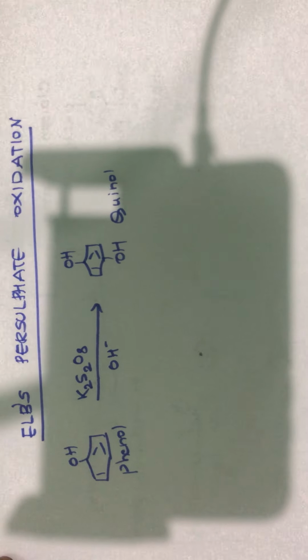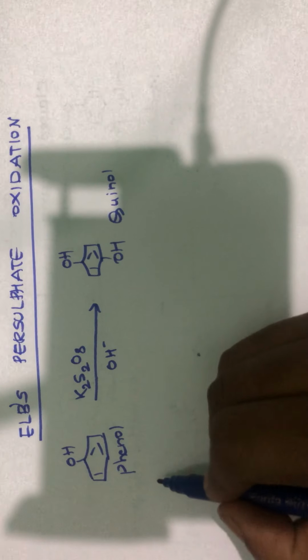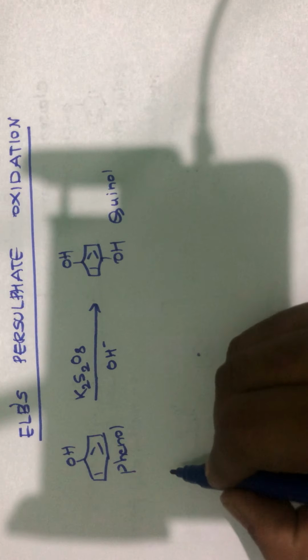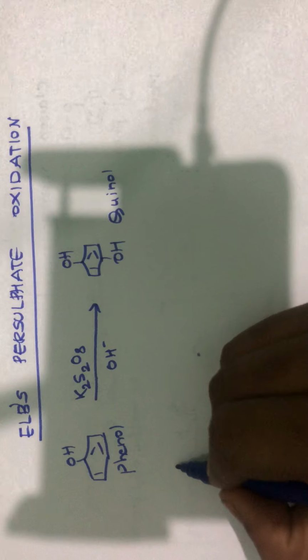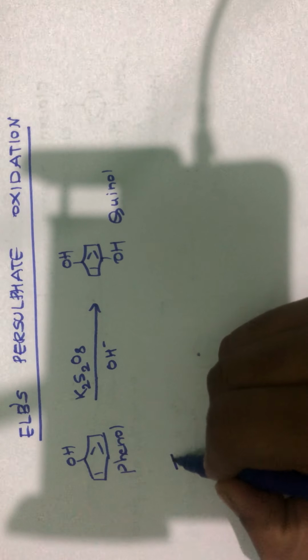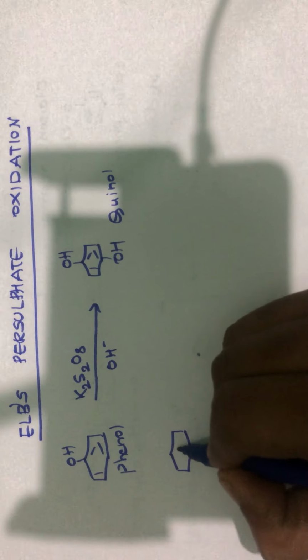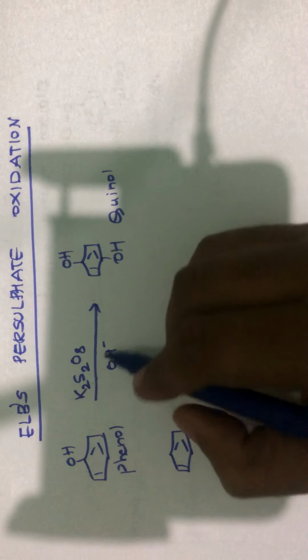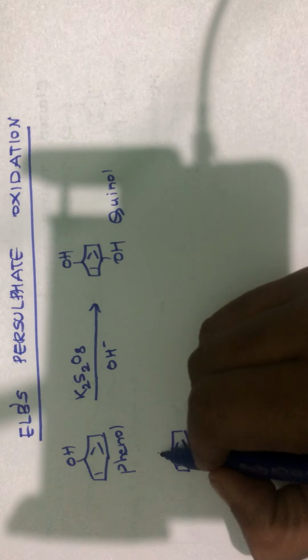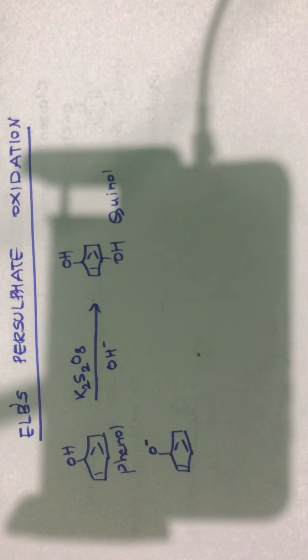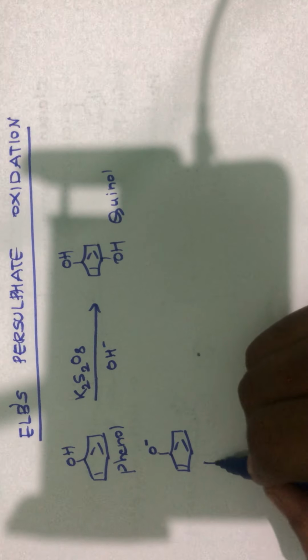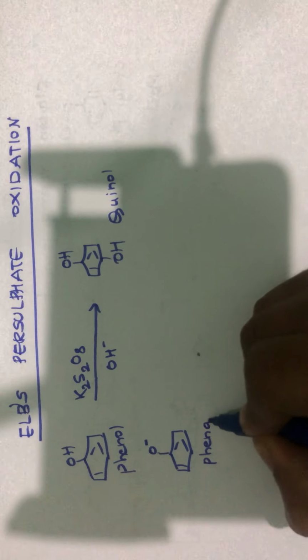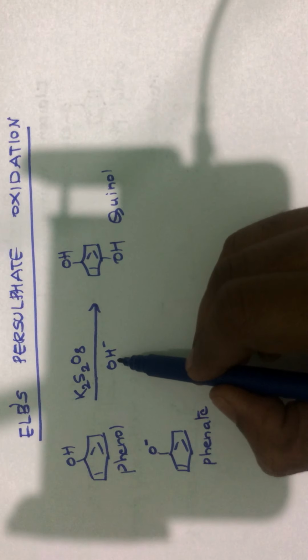Let us go for the mechanism of this. So what happens is here we have a phenol. Phenols in the presence of a base will be O minus only. Phenate ion will be present because phenols are acidic in nature. It is a basic medium.